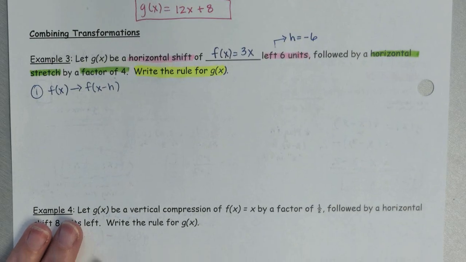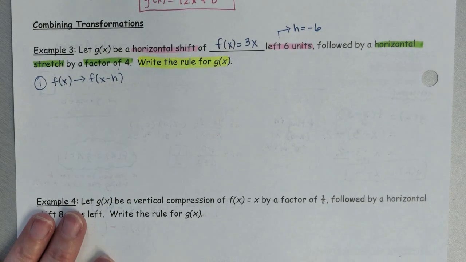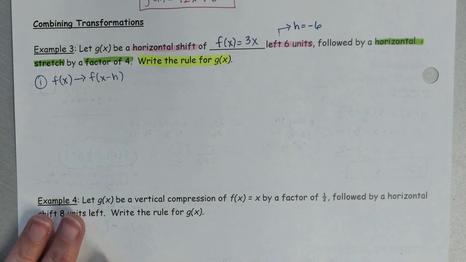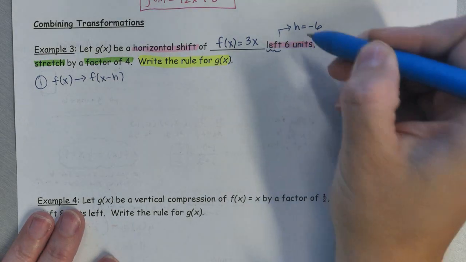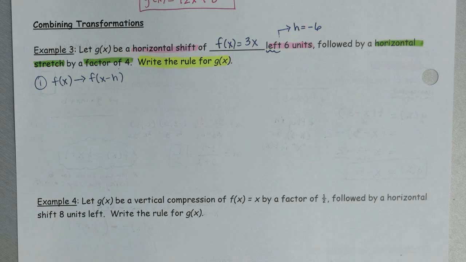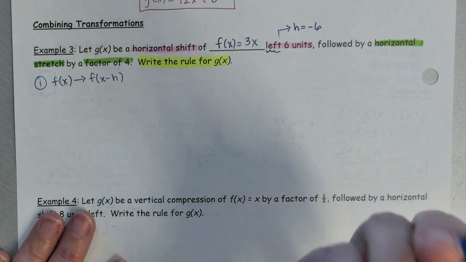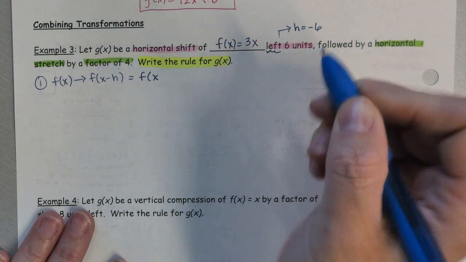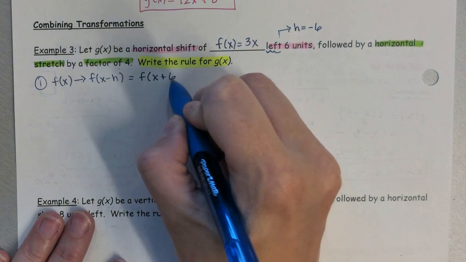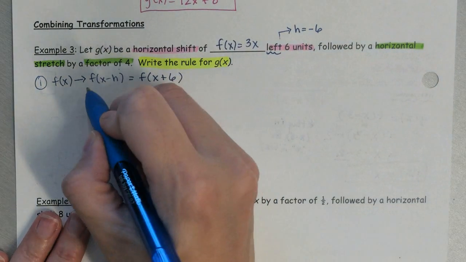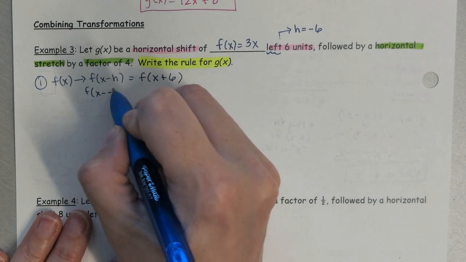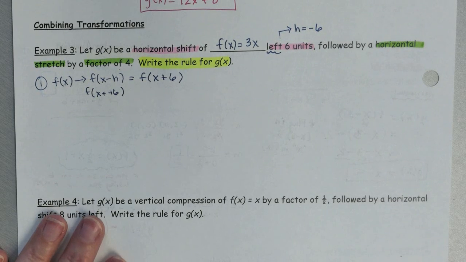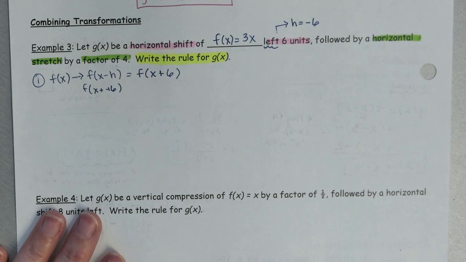Why is it negative? Because you're going to the left, that's what makes it negative. So when you plug that in, it's going to be f of x plus 6. And again, that's because you're doing x minus negative 6, which becomes plus a positive. Minus the negative is becoming the plus.